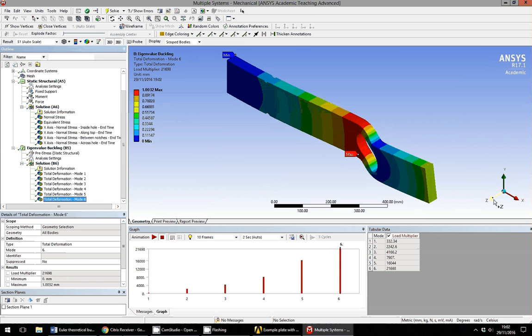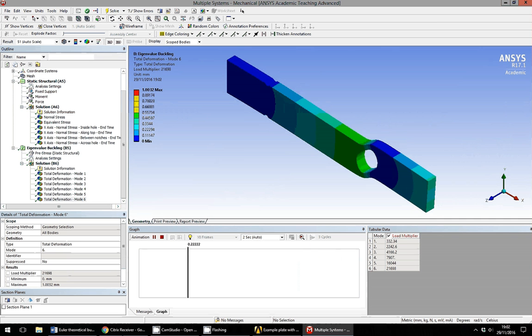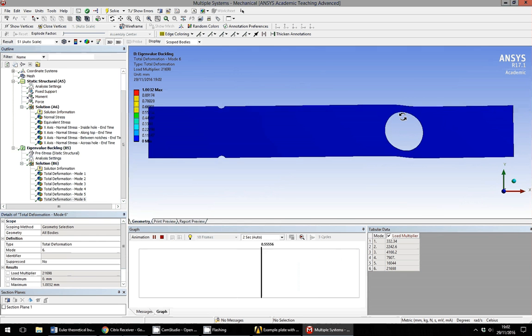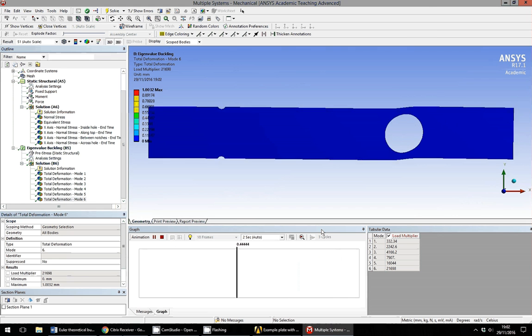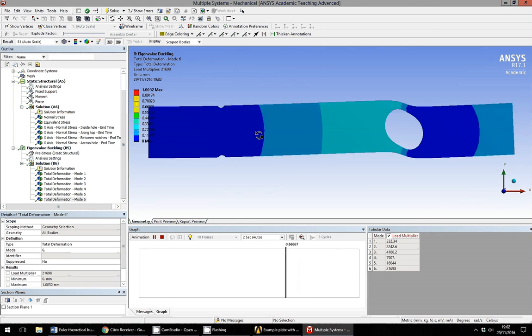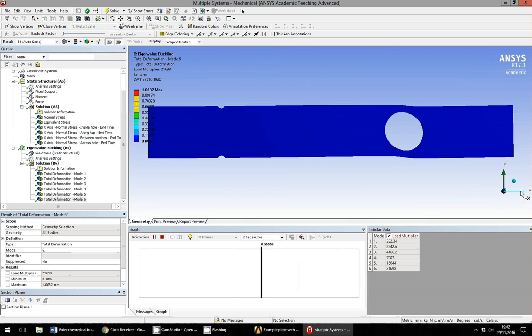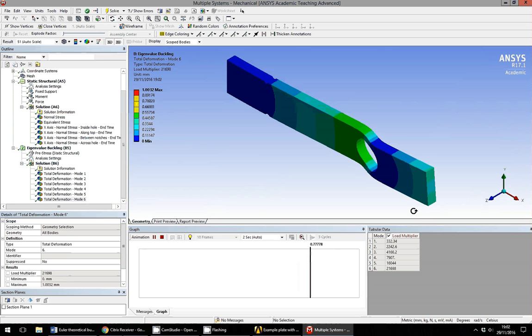If we animate that, it's a higher mode about the major axis, but this time if we look at the face on, we see there is buckling about the hole, so these relatively slender pieces are buckling. So it is a higher mode about the major axis, but also incorporating buckling around the hole.